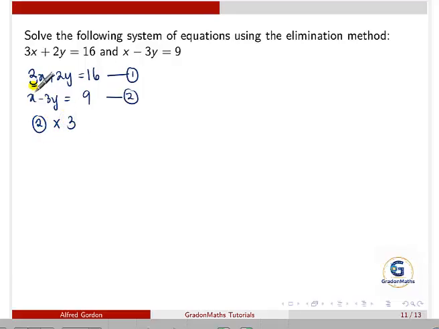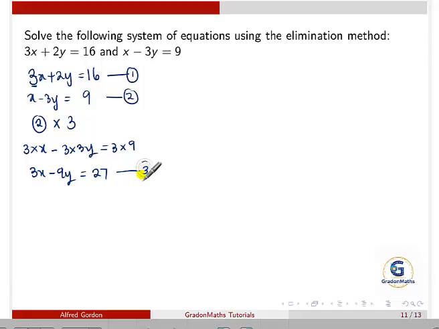Equation 2 times 3 is going to be 3 times x, minus 3 times 3y, is equal to 3 times 9. So here we are going to get 3x minus 9y is equal to 27.